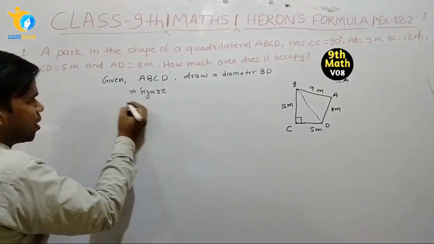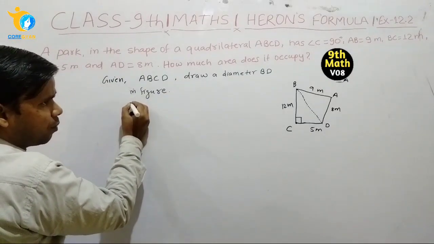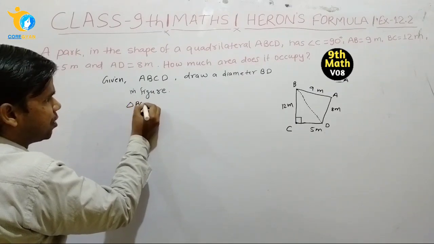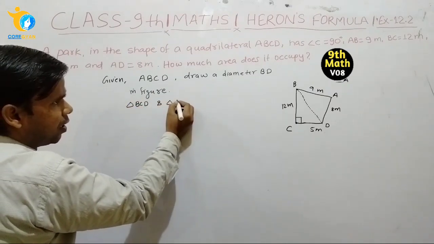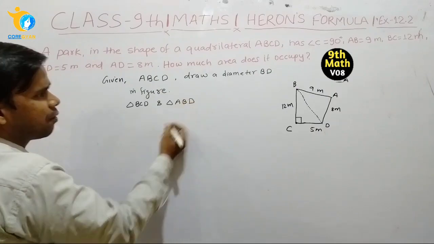Then two triangles are formed: triangle BCD and triangle ABD.